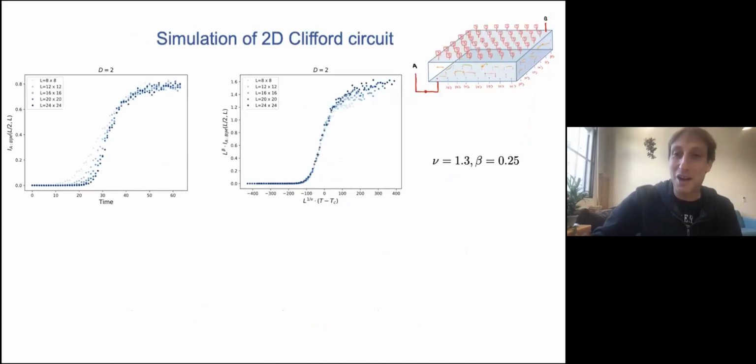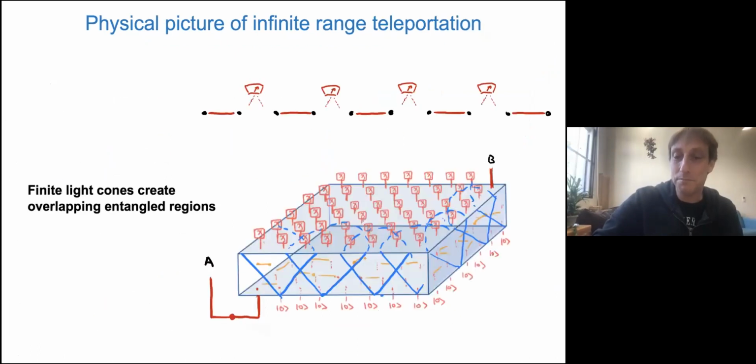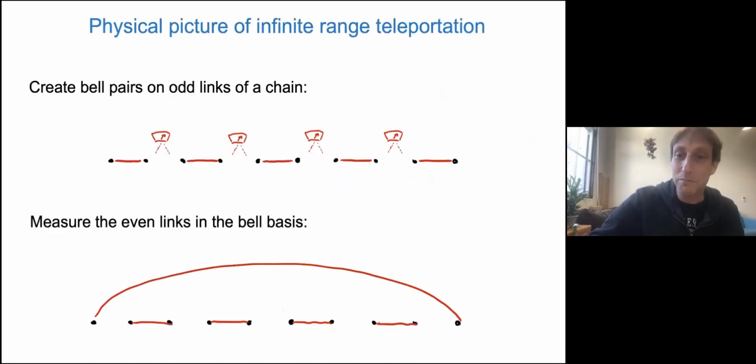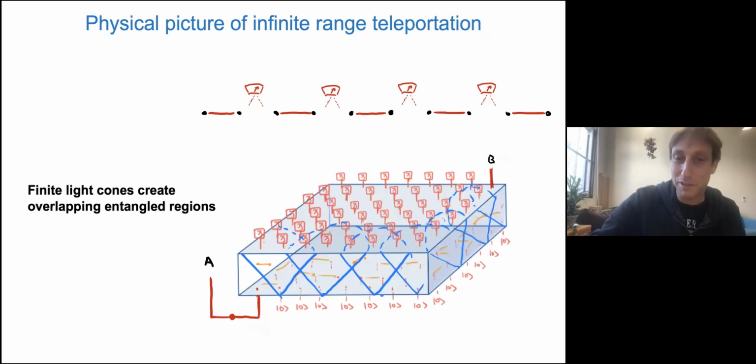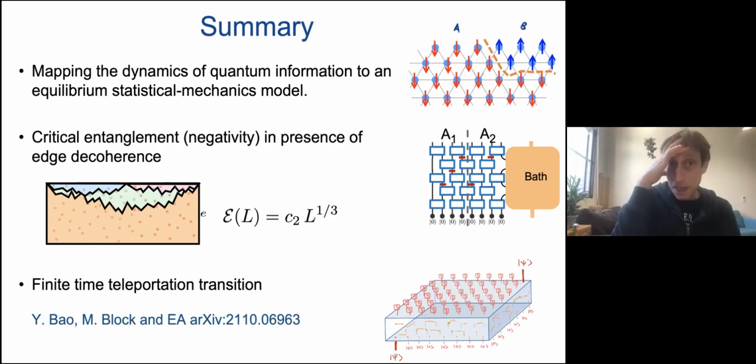And all of this comes out just from the statistical mechanics model. So here I'm trying to give some physical picture of how it happens, but maybe I'm a little bit out of time. So unless I'm asked about it, I'll just go to the summary.